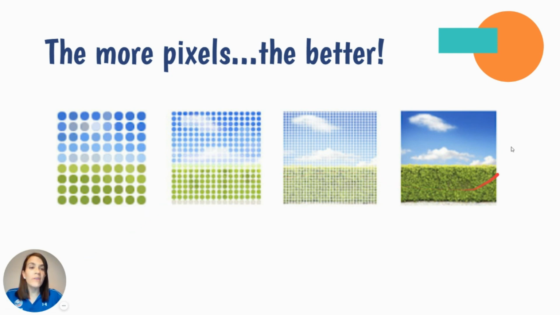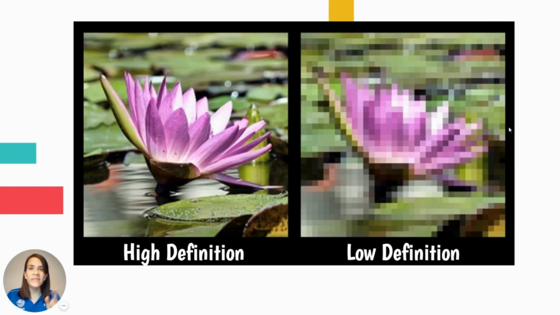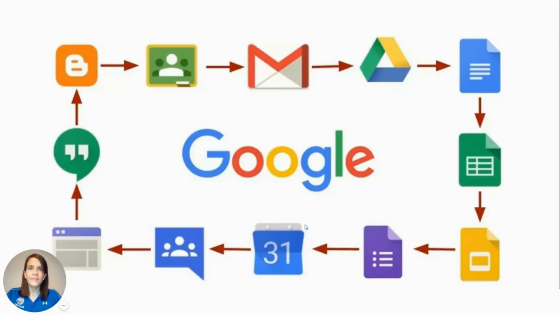But if you have a picture with a lot of pixels, then that picture is a high definition picture, and this means that it looks a whole lot better. Look at this example. As you can see in this picture, the one on the left is high definition because it has a lot more pixels, and the one on the right is low definition.